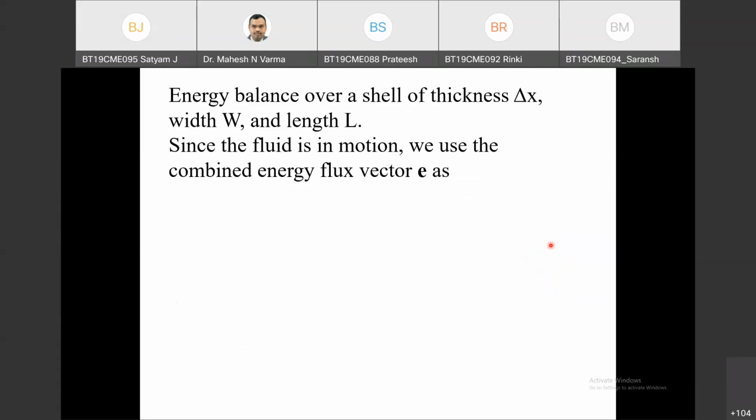Since the fluid is moving, for the energy balance we use the combined energy flux, instead of using conduction, convection and work associated with molecular flux.